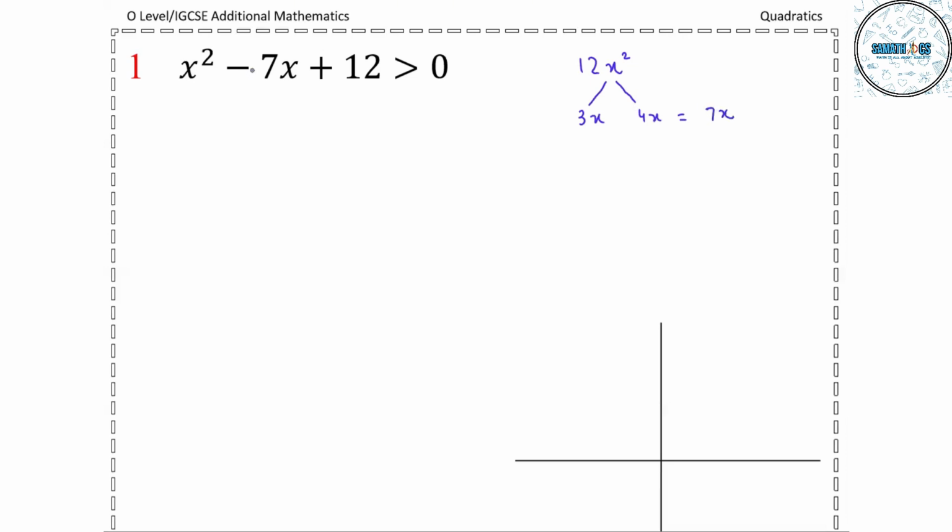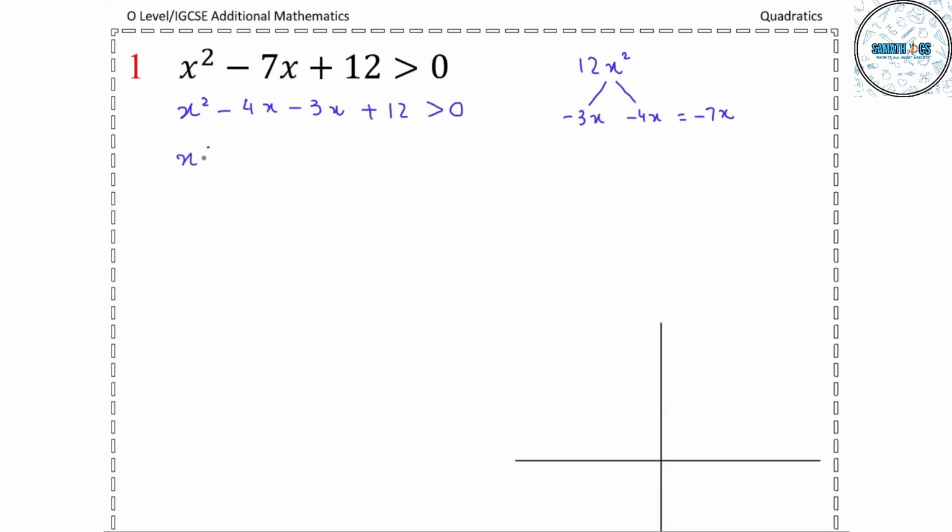But here we have a minus sign, so we will put a negative sign with both the numbers so that we can get negative 7x. Then x squared minus 4x minus 3x plus 12 is greater than 0.